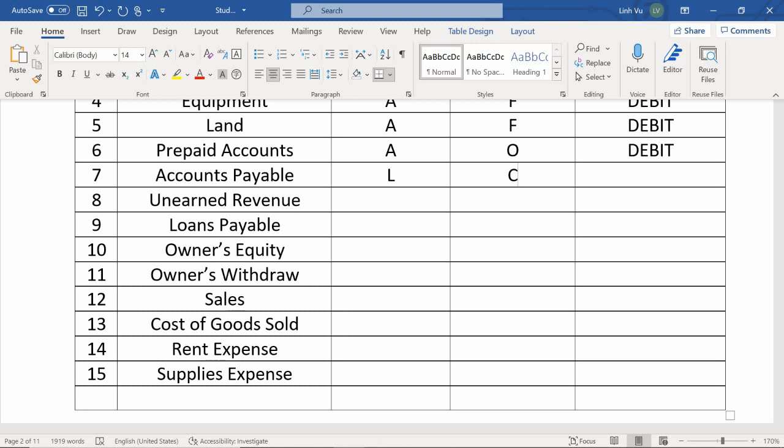Or even 6 months. But there's no way that you're going to owe somebody for a year for services, okay? So in this case, what kind of normal balance would it have? Credit.